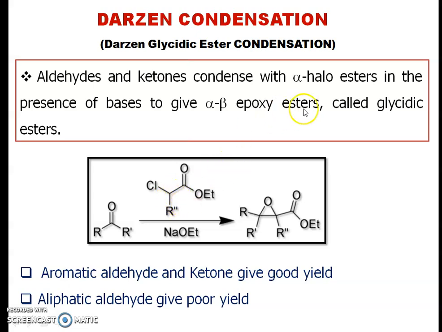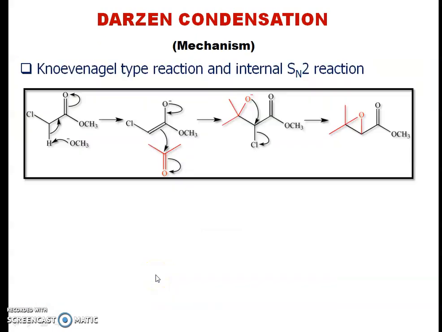So the alpha halo ester in the presence of base gives an alpha, beta epoxy ester. This is the alpha position and this is the beta position. This compound is called a glycidic ester. Usually aromatic aldehydes and ketones give good yield, and aliphatic aldehydes give poor yield.